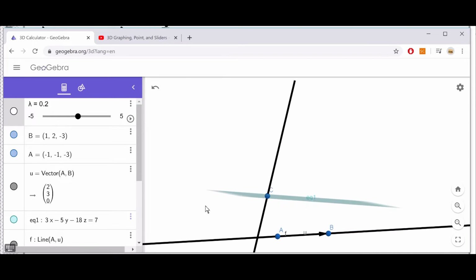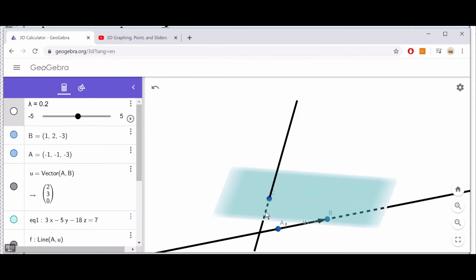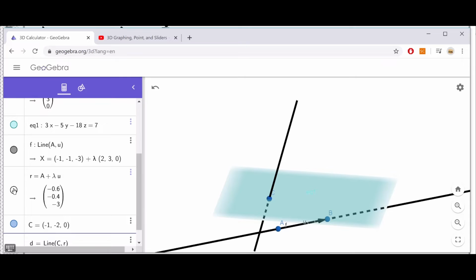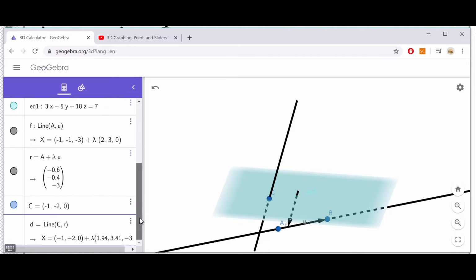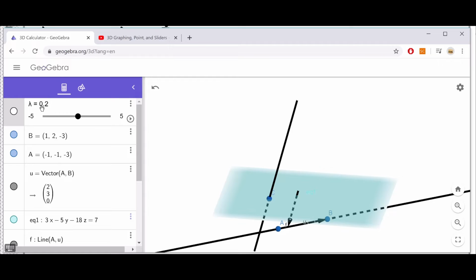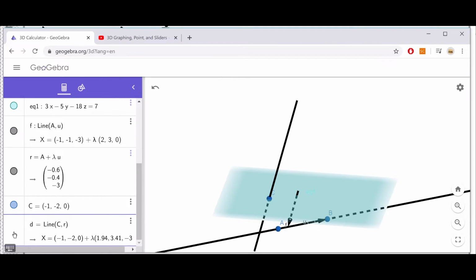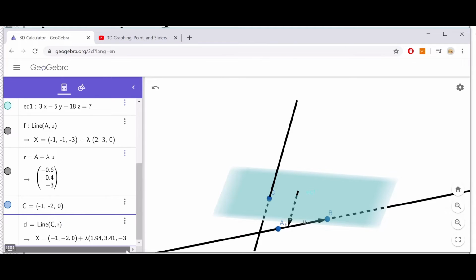So essentially, we're finding out the distance from here to here. And we've got our equation for R shown over here, with the value of lambda equaling 0.2. So that's essentially all that's going on.